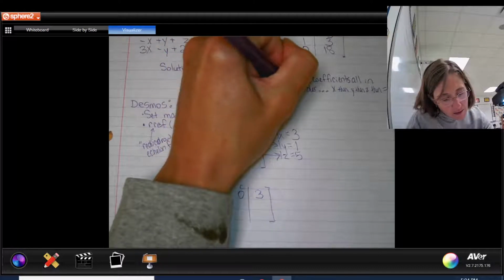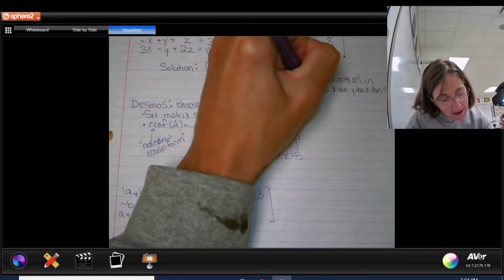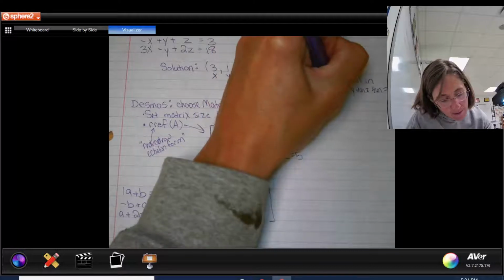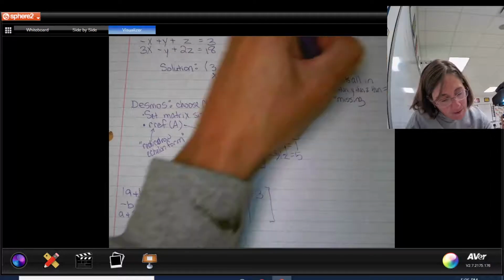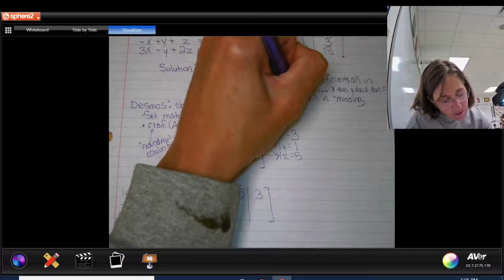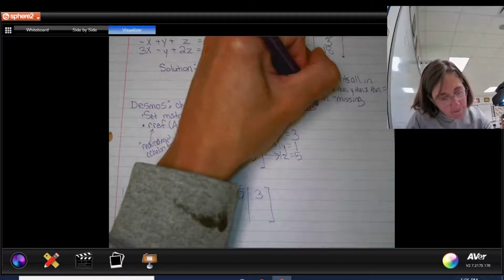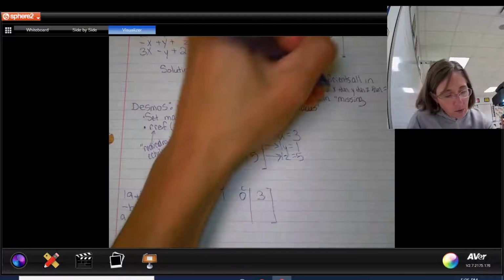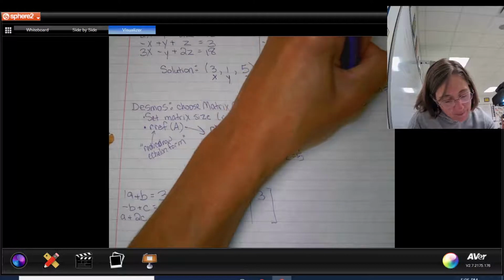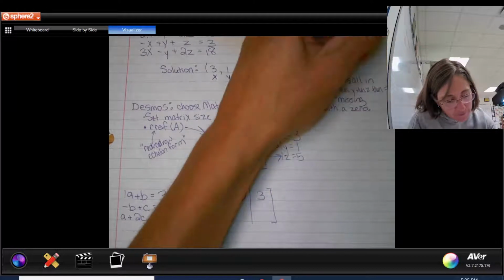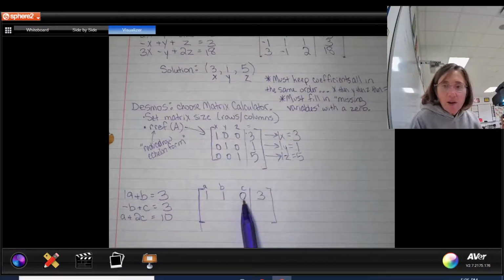We must fill in missing variables with a 0. So, like this 0 here where the C is, that tells us that we don't have any C's.